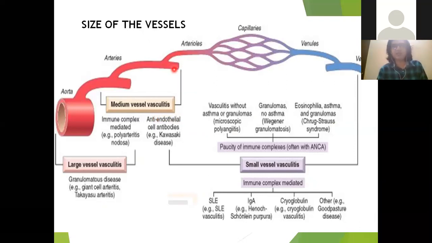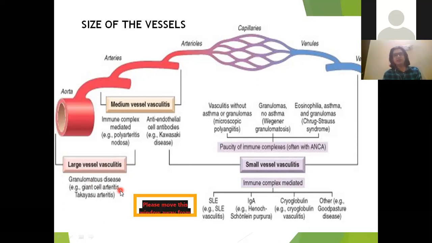And here you can see that vasculitis is being divided into, number one, large vessel vasculitis, and these include two vasculitides: number one, temporal arteritis, which is also called giant cell arteritis, and number two is Takayasu arteritis, right?